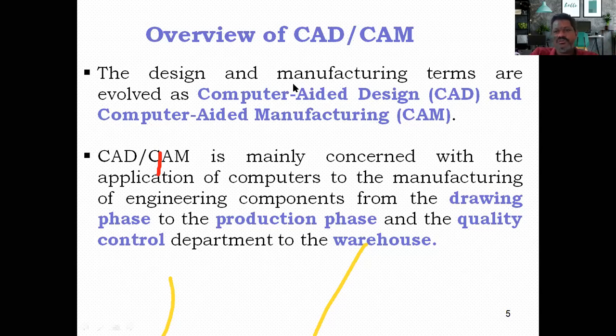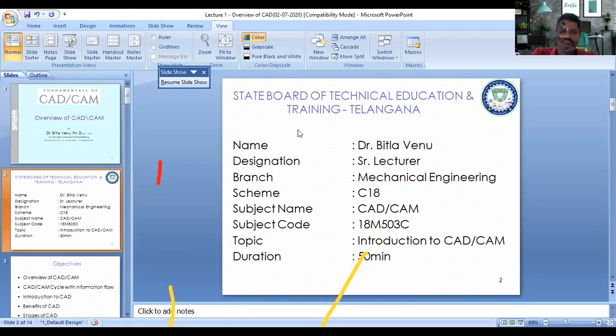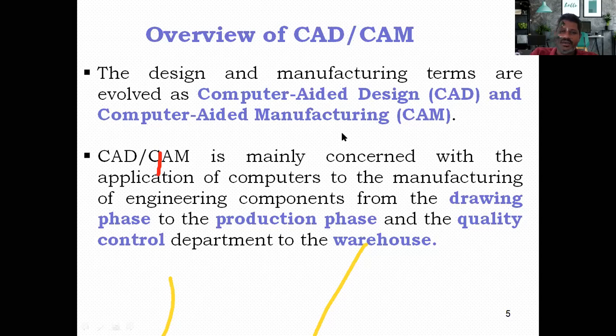Okay, so you must be familiar with all the terminology, and this subject is very, very important if you want to do a job in the CAD CAM side, if you want to do a job in the core mechanical side.